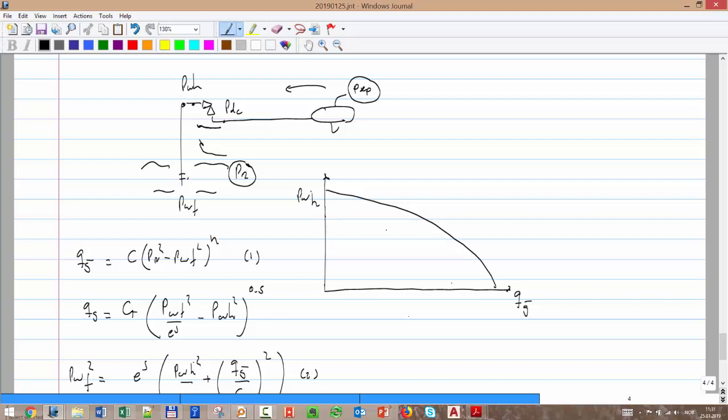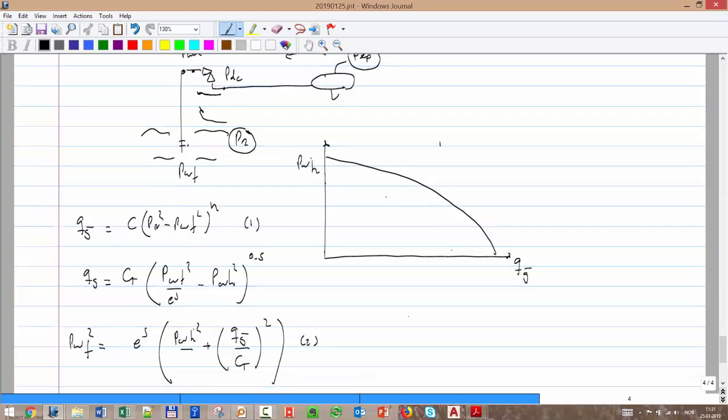And this curve, all the way to that point, we call the available pressure at the wellhead. Available, why? Because I go with the direction of the flow, all the way from the constant point of pressure, which is the reservoir, to the wellhead.